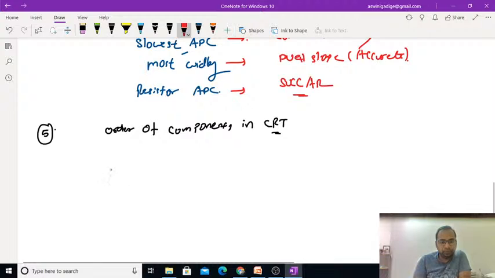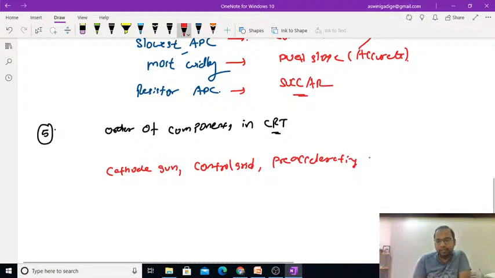The first one is the cathode gun, the next is the control grid, and the next is the pre-accelerating anode.